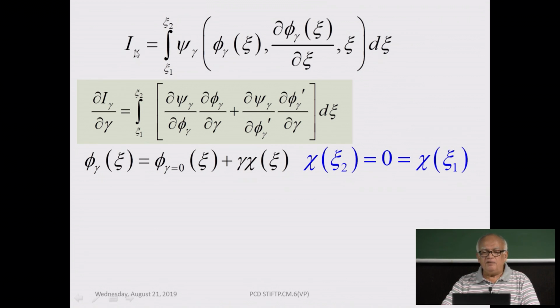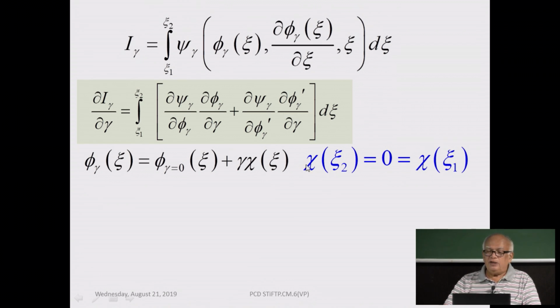So, the partial derivative of I with respect to gamma will involve the derivative of psi with respect to phi gamma and the rate at which phi gamma depends on gamma, and then the partial derivative of this term with respect to del phi by del xi, which I represent as phi prime. But then you do not have to consider the variation of I gamma with respect to xi, because this term determines I, but it does not depend on gamma, that is an independent variable altogether. So, there are two terms over here.